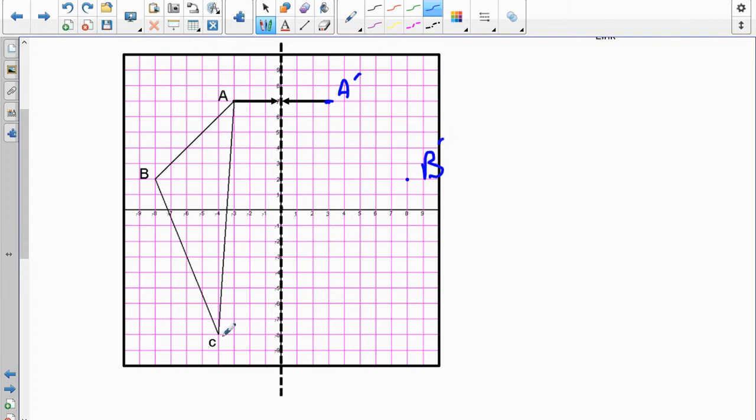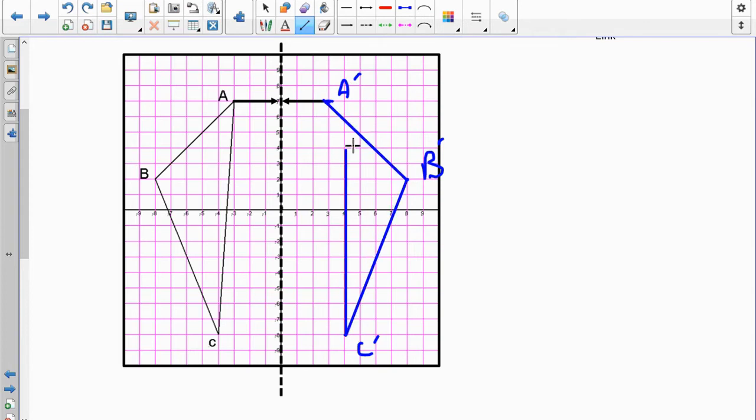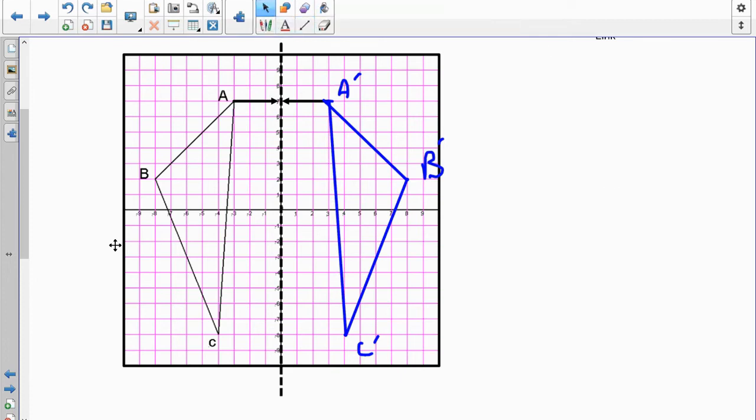And for C, 1, 2, 3, 4. 1, 2, 3, 4. There is my new C prime. So I've got from here to there, to there, to there. Now this is my original, and this is my reflected image. The reflected image always has prime marks on it, just like we did back in grade 7 and 8.